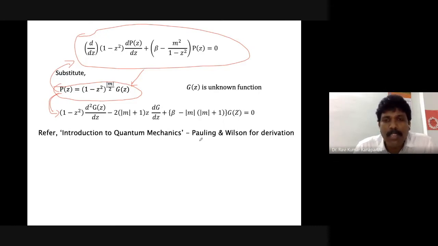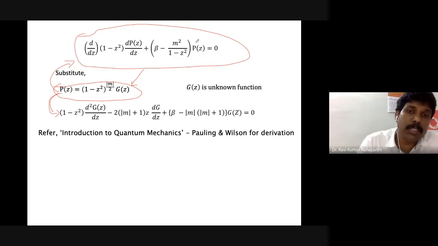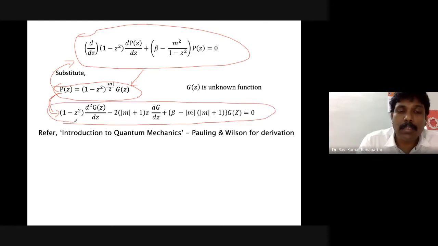It will take a little more time to explain, but what I'm trying to describe to you is the essence. The differential equation we got is this, and if you make the substitution P of z equals 1 minus z squared to the power modulus of m by 2 multiplied by g of z, you get this differential equation.